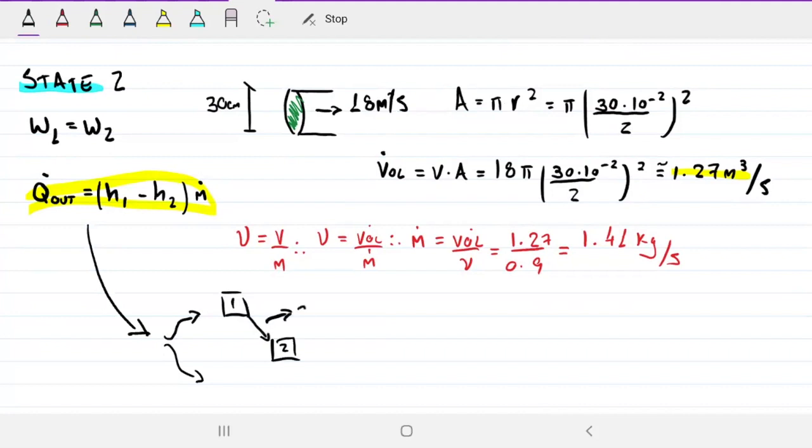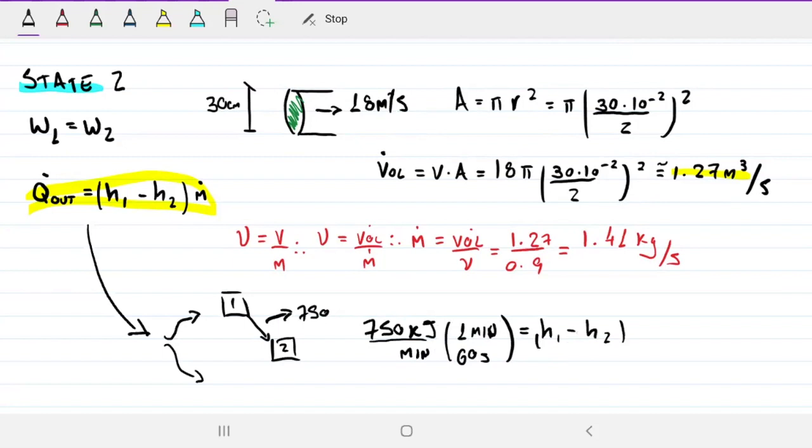Because I know that, this Q out has to be equal to the difference in energy, and I know H1 has to be greater than H2, so it's H1 minus H2 times my mass flow rate. That's one way to set up the equation.